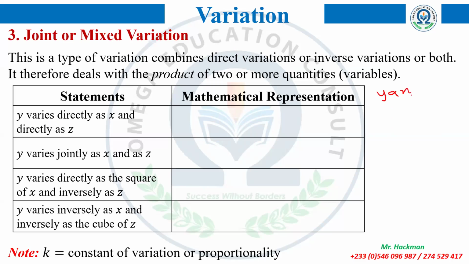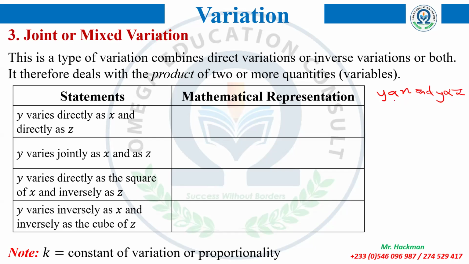So it means x will appear in the numerator. And the same y will vary directly as z. So you can see y varying as x and the same y varying as z.